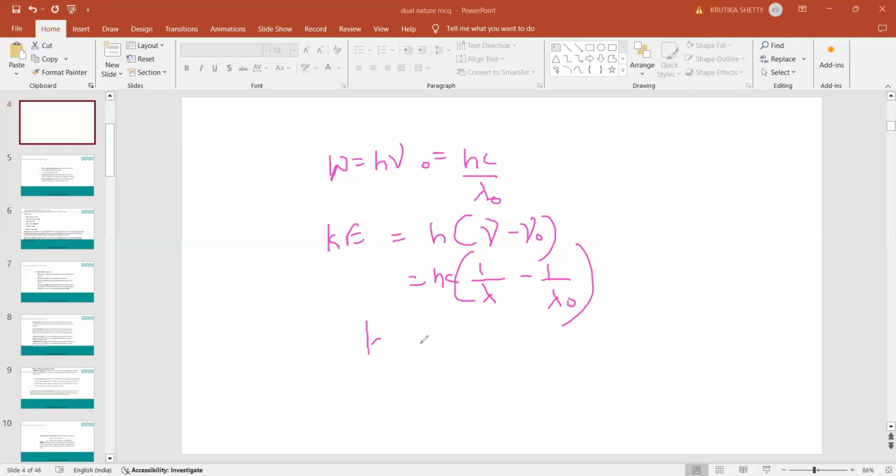Or in general, we can write kinetic energy is equal to energy of the photon minus work function. Kinetic energy is equal to E minus phi. E is h nu here. Okay.